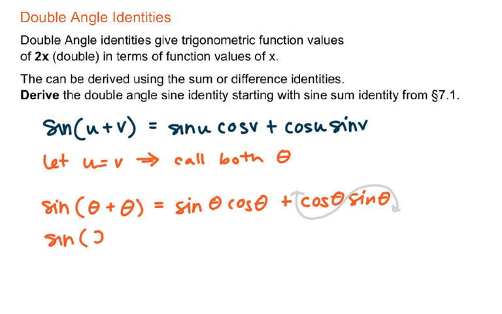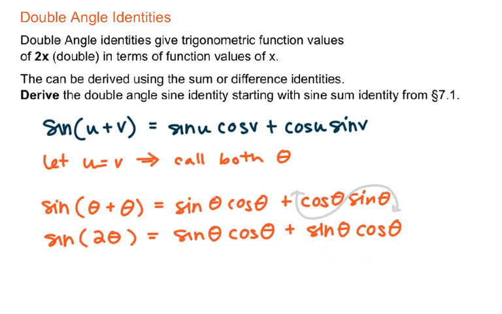We've got sine of theta plus theta, which is 2 theta. So sine of 2 theta is sine theta cosine theta plus, just using the commutative property of multiplication, sine theta cosine theta. And then we can smush those two together, because now I have two terms that are the same.